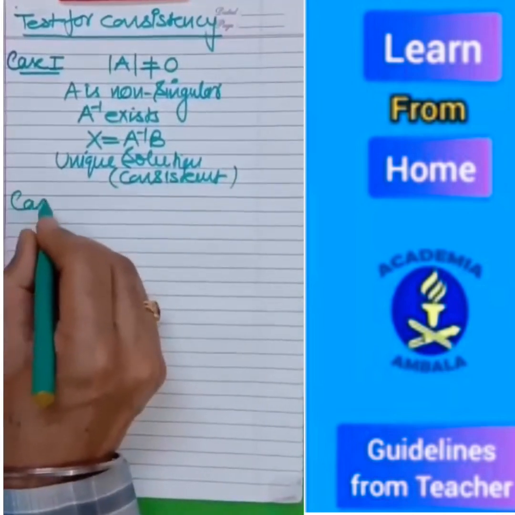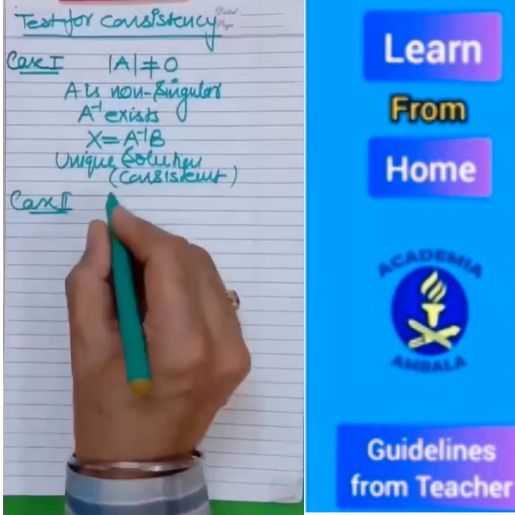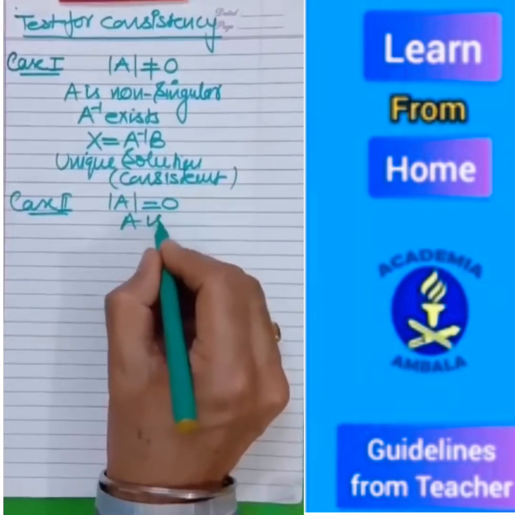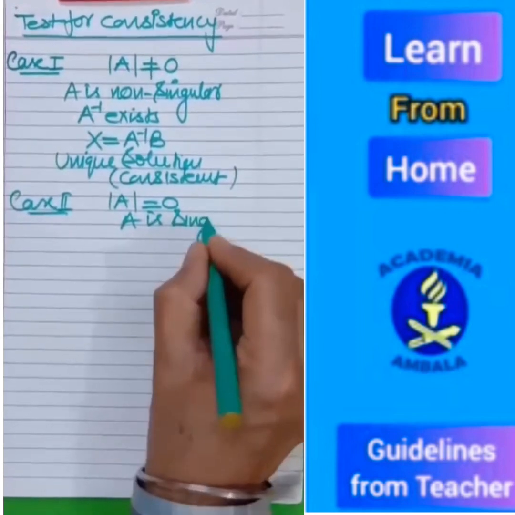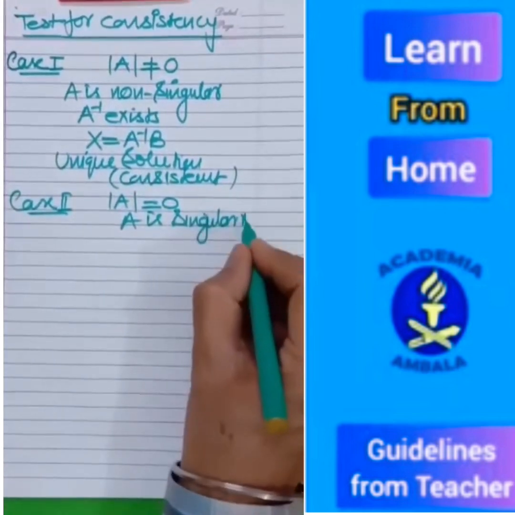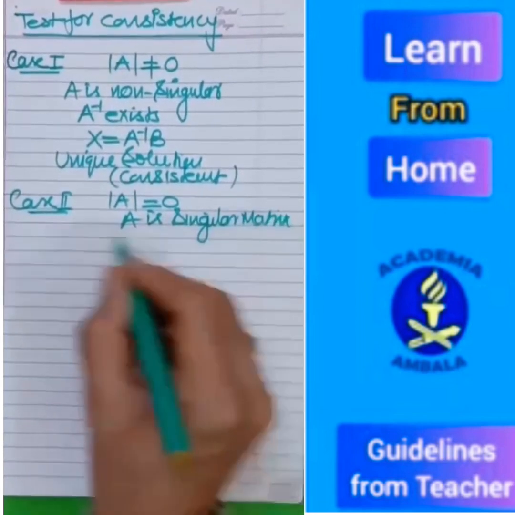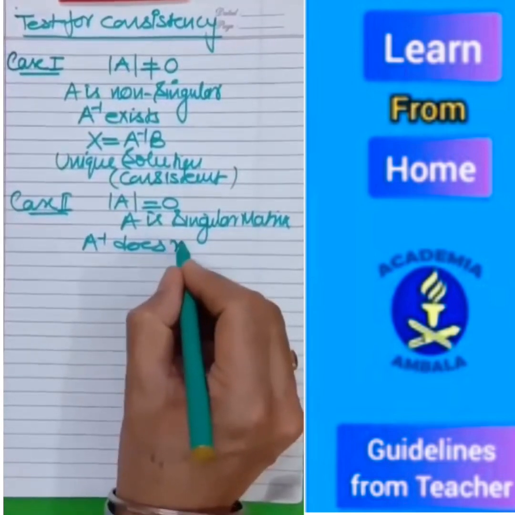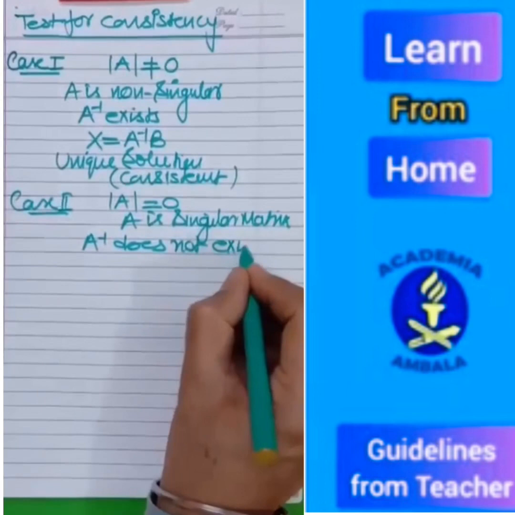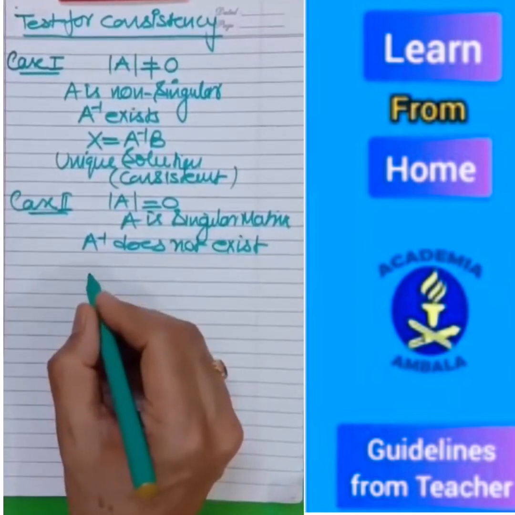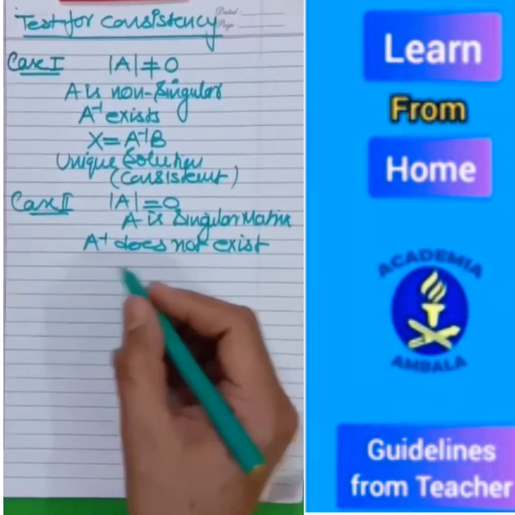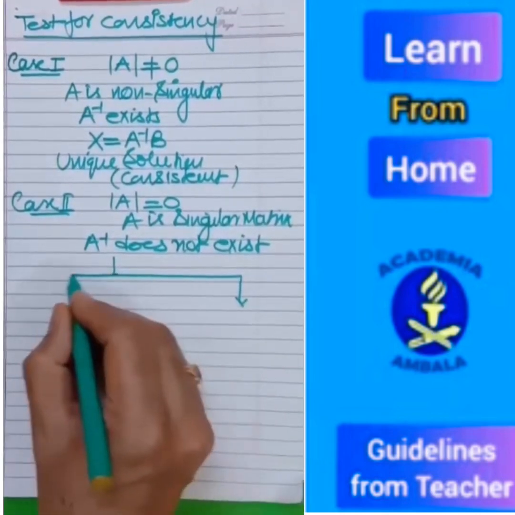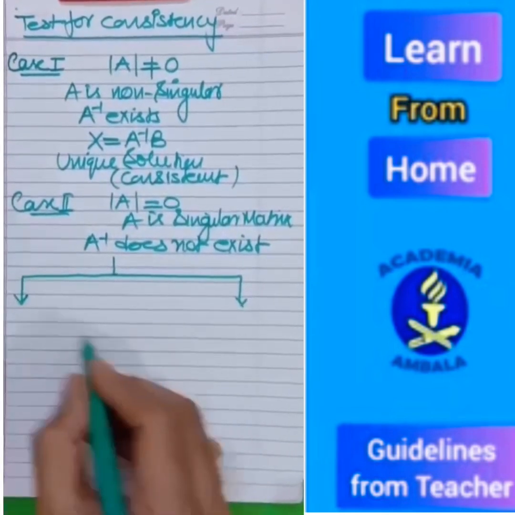In case 2, if your determinant is 0, that is A is a singular matrix, it means A inverse does not exist. When A inverse does not exist, we cannot find A inverse. In this case, what to do? Two cases arise.